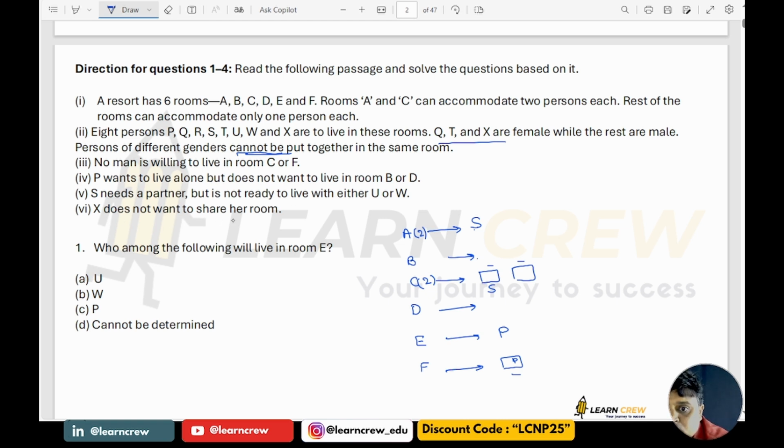X does not want to share her room. So X stays single and she is a female, because her is given. That's the reason you must have X here.